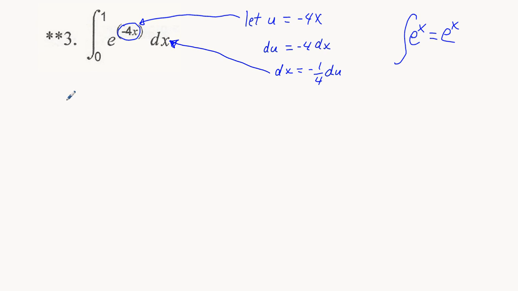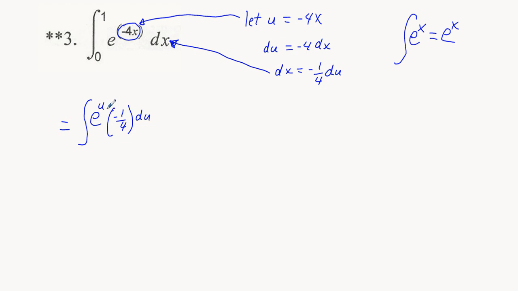And this is what we get. Working below, we get the integral from, I'm just going to forget the limits for right now. I'm going to put in e to the u power, and substituting in, we have negative 1/4 du. Now, one thing we can do is continue and take the integral and then substitute in the limits after we replace the u with this negative 4x.